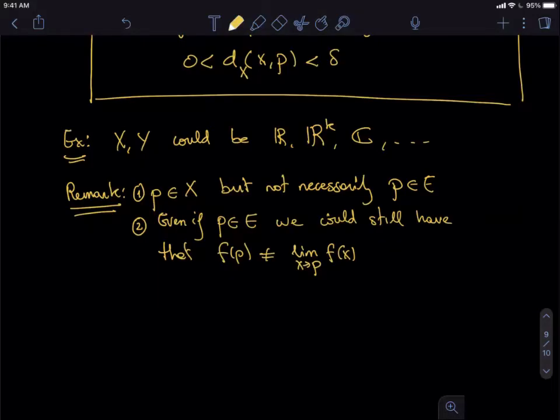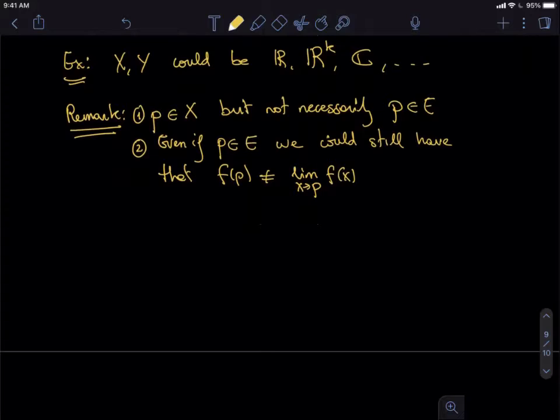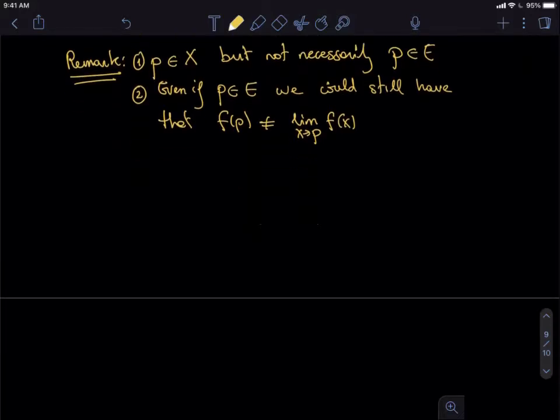This definition of limit is very similar to the definition of limits of sequences that we have already covered. Actually, we can rewrite the definition of limit for functions in terms of limits for sequences.